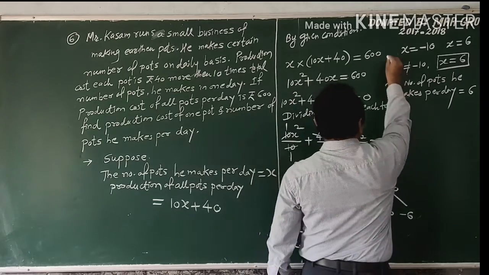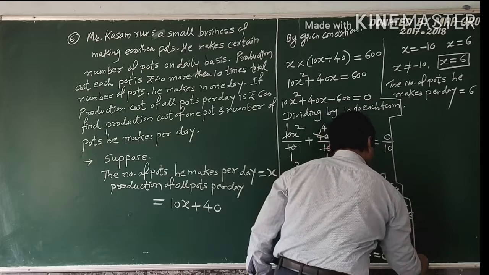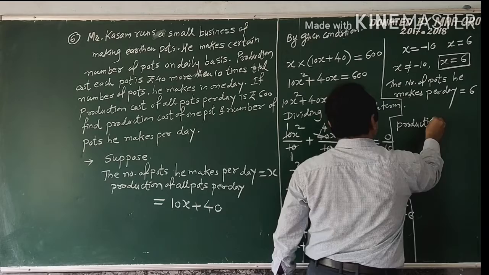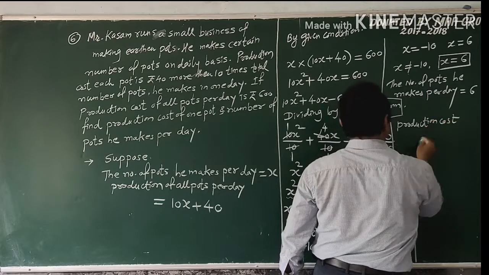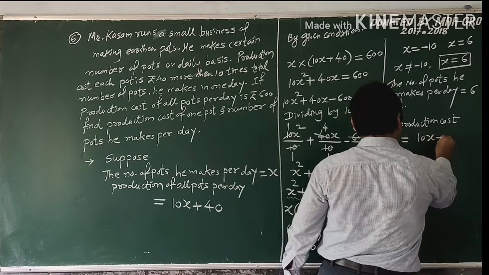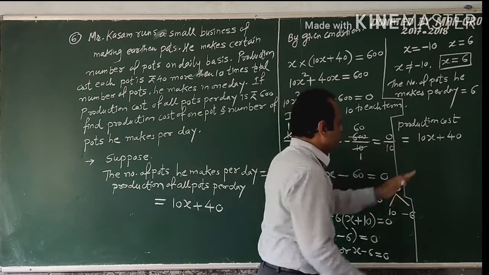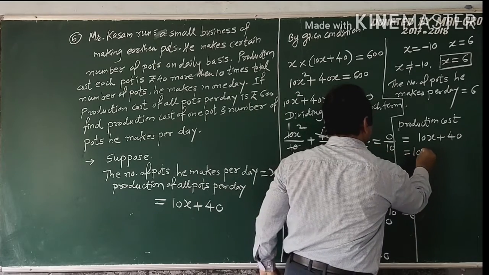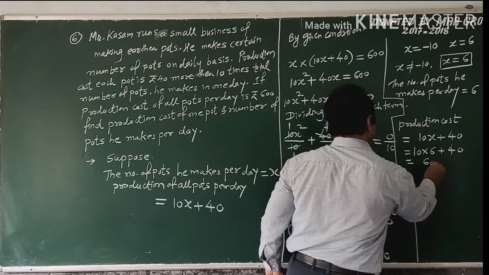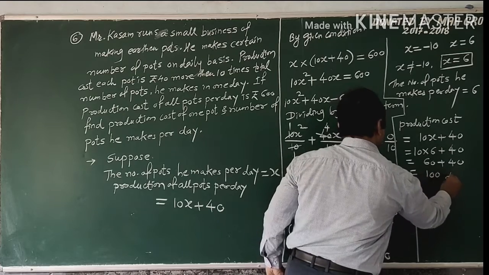Therefore production cost is equal to 10x plus 40. As we have found the value of x, we put 10 into 6 plus 40, that is 60 plus 40, that is equal to 100 rupees.